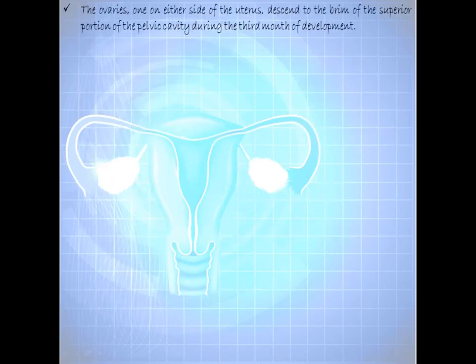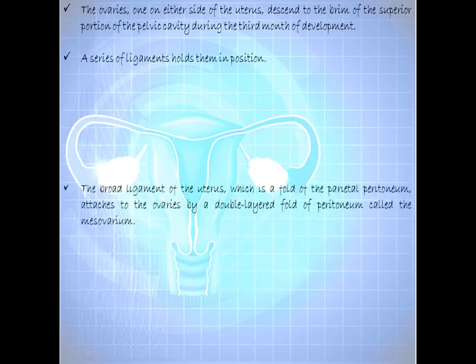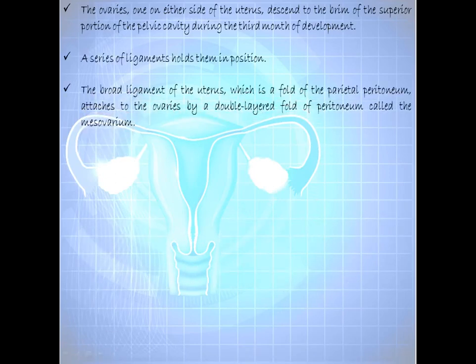The ovaries, one on either side of the uterus, descend to the brim of the superior portion of the pelvic cavity during the third month of development. A series of ligaments holds them in position. The broad ligament of the uterus, which is a fold of the parietal peritoneum, attaches to the ovaries by a double-layered fold of peritoneum called the mesovarium.